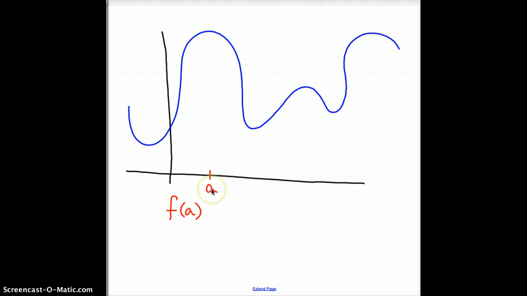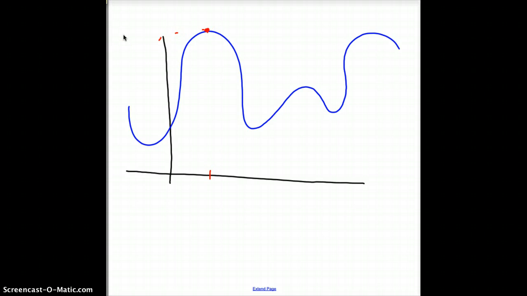Let's make sure that when it asks just what is f of a, it's looking for the y value of the point. So if this hit up here at 5, I would say f of a equals 5. When it just wants the f of, that means the y value at. So if it says calculate f of 4, it's just the y value at 4.